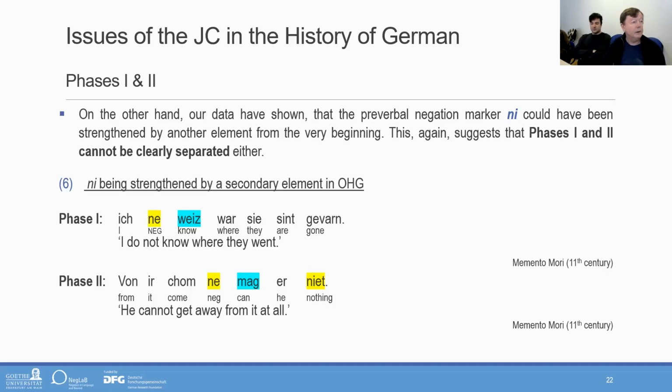Here are examples from a late Old High German text, Memento Mori, where we have ne weiß as a sole negator, but we have also sentences where ne and niht are present with this bipartite negation. That means that phase 1 and phase 2 occur both in the same text.